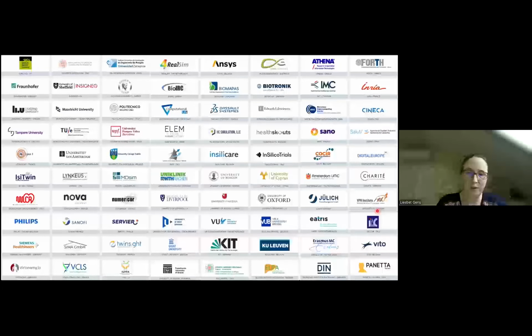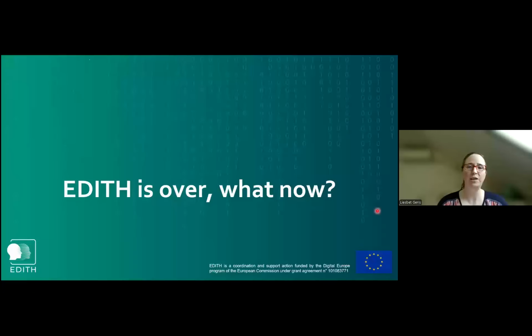And we now have over 100 large and small companies, hospitals, academic centers, and other organizations signing this, which is very important because this is also something that the Commission can use internally to say, look, this is what the ecosystem, this is what the community wants. So we need to invest in this.